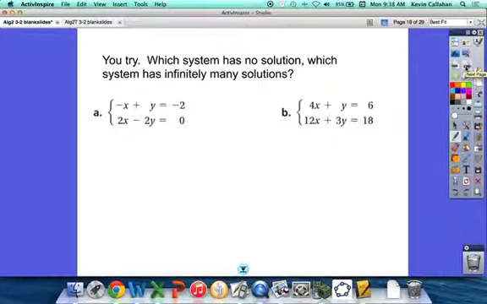So here's your last few to try. One of these is a no solution. One of them is infinitely many solutions. Which one is the no solution? These are not already opposite coefficients, so you're going to have to do something to make that happen.